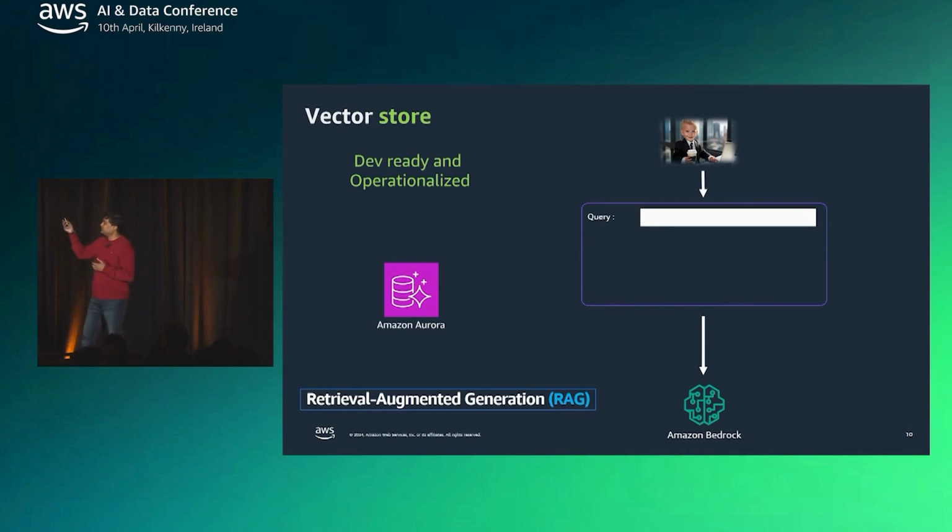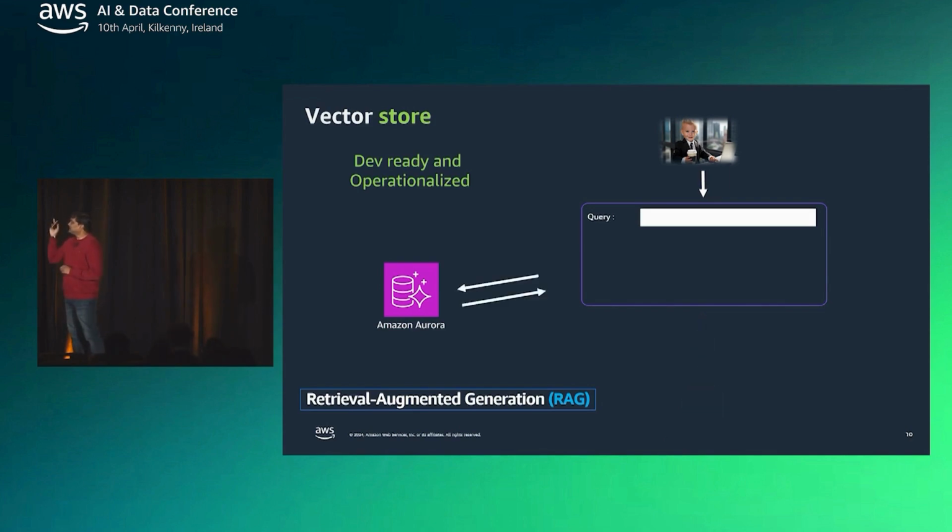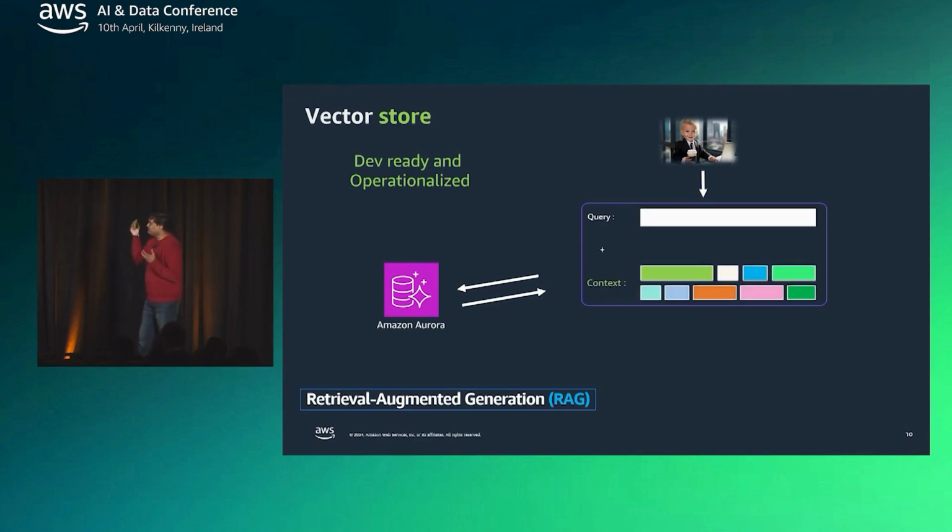So we should not ask the question directly to Bedrock, right? Because if you had to do that, what is the point of doing all this exercise, what we did earlier? So first thing that you will do is you are going to ask that question to Aurora or the vector store or a vector database of your choice. And you can think of it as the librarian, and it will give you some context, right? These are the 5 books in the earlier example which we took.